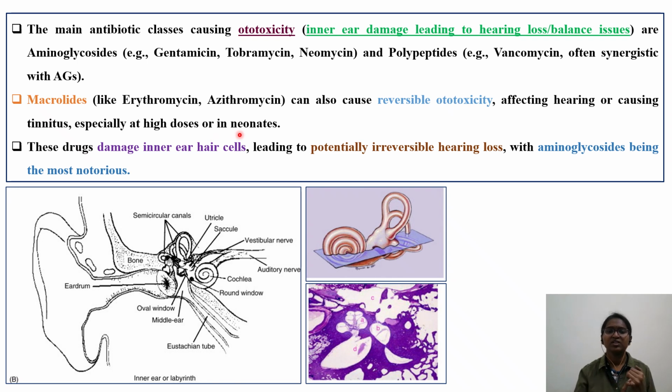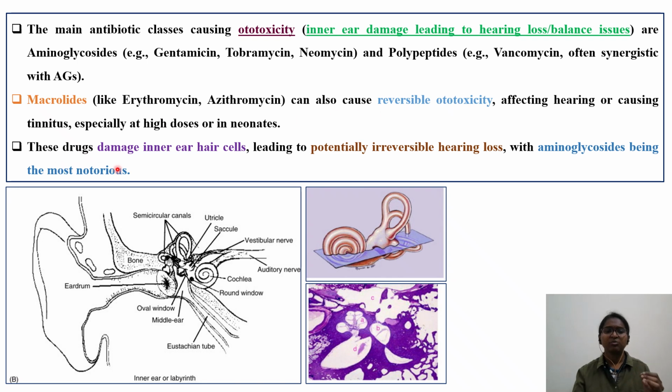So in children and neonates, you will find this type of reversible ototoxicity. Once the administration of the drug is stopped, the ear function will be regained. So this is less harmful when compared to irreversible toxicity.